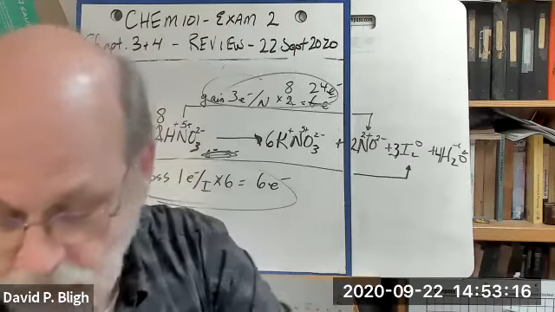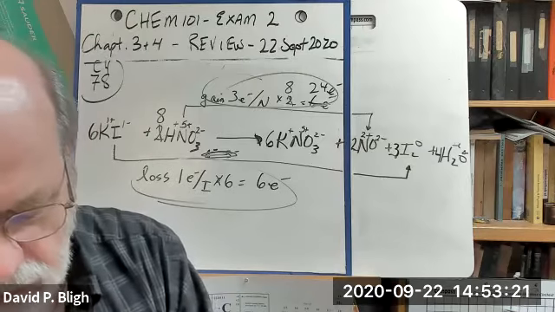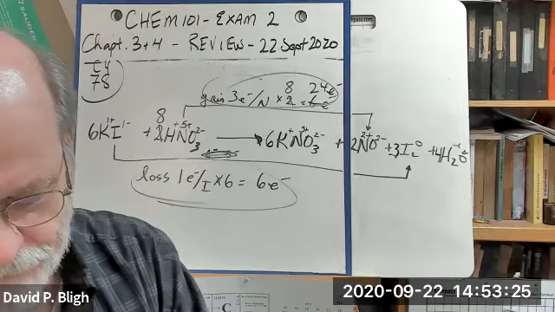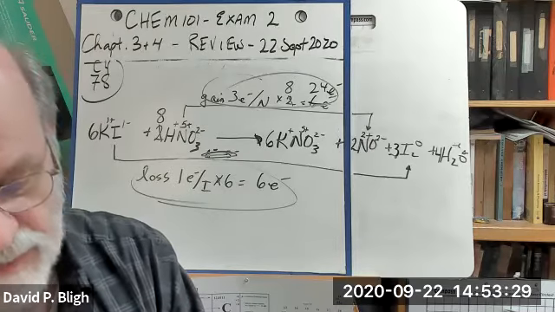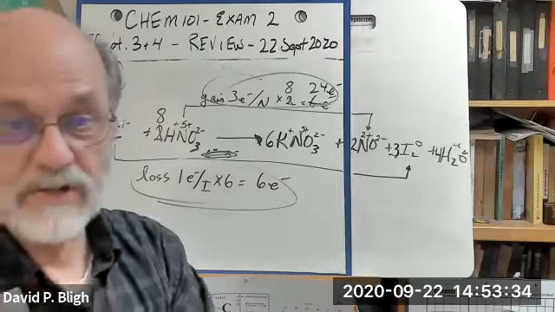I don't have an answer for that one. Sorry. I'll take another look at it later and see if I can figure it out. But as far as that goes, it's probably better to balance this one by the molecular method using our budget.